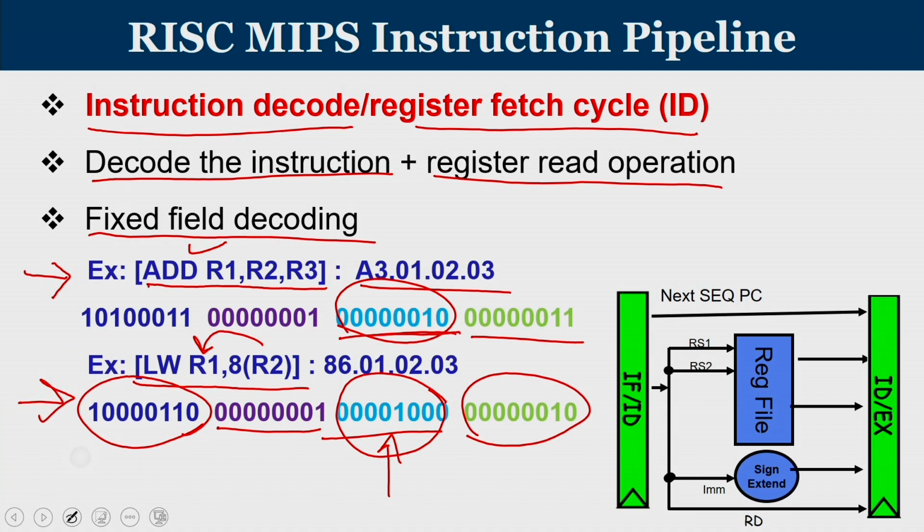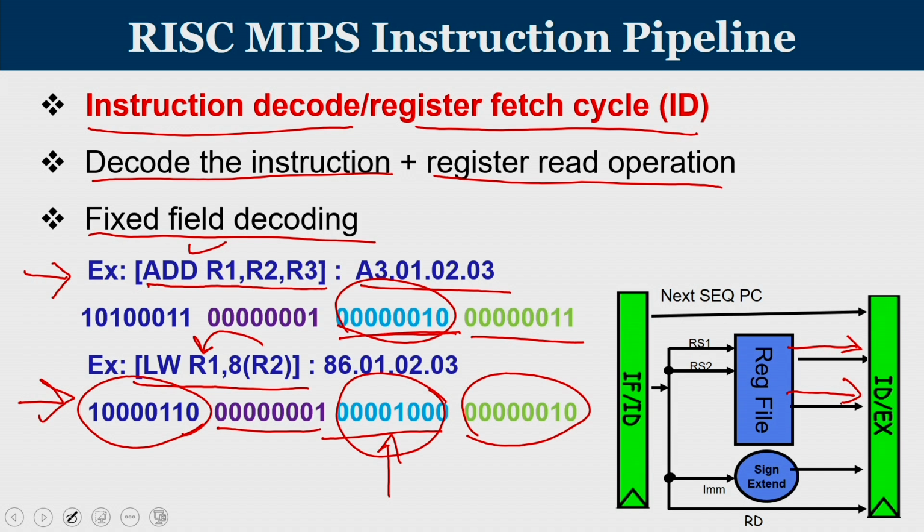In the ID stage, decoding is done to understand what the opcode and operand are, and after identifying the operand names, it goes into the register file and the contents of the source operands are fetched from the register file and are kept in the ID/EX register.